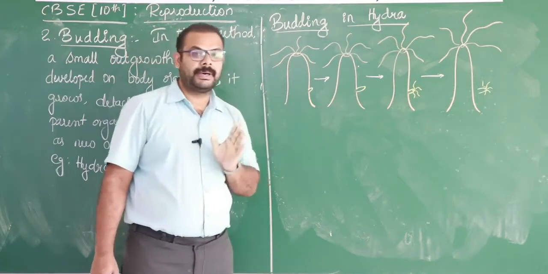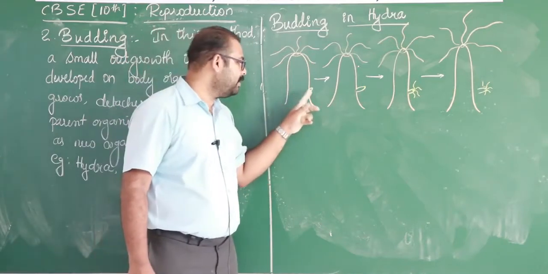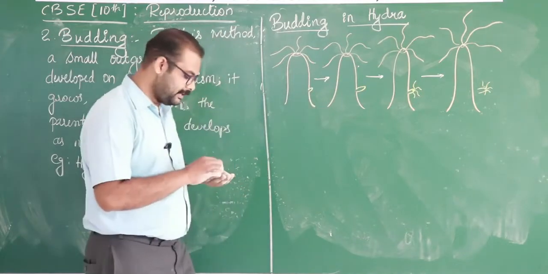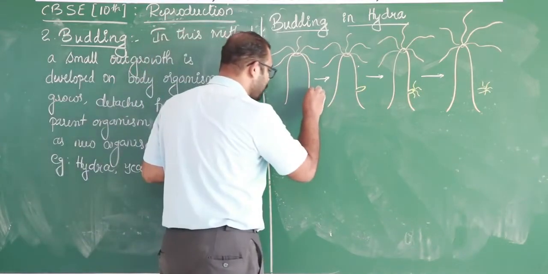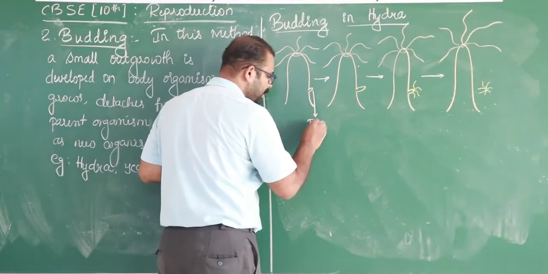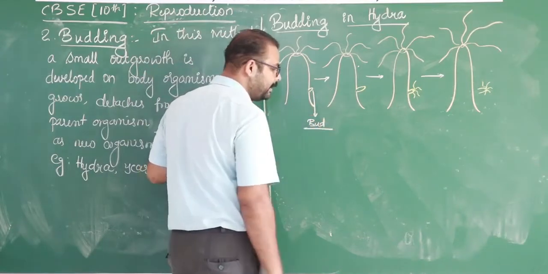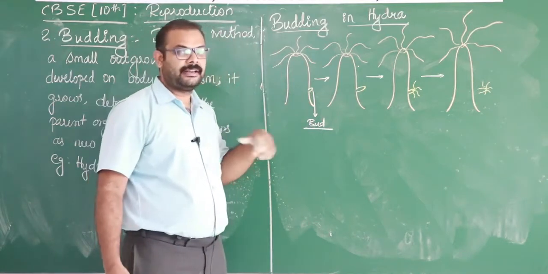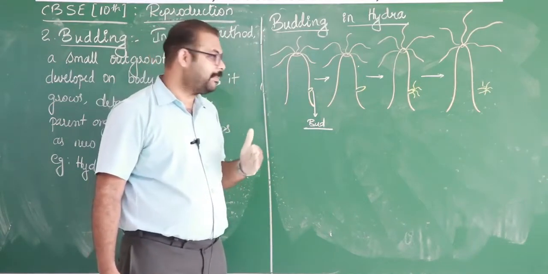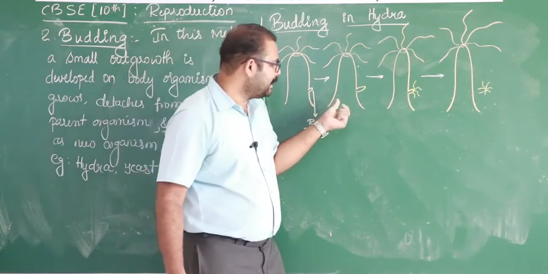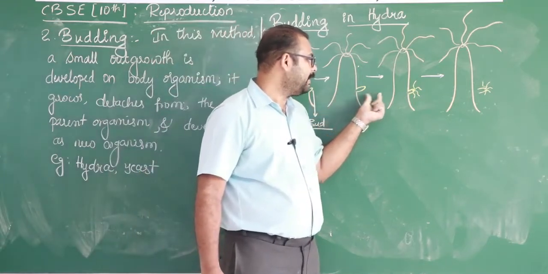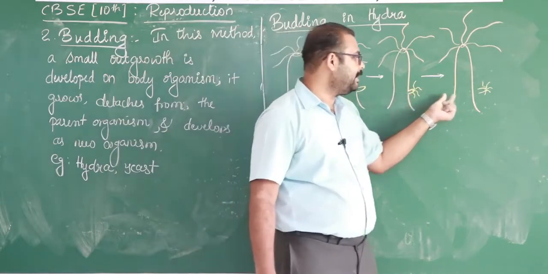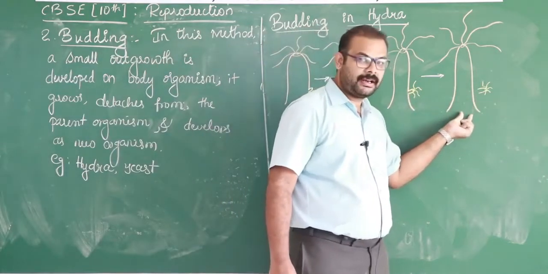Now during budding, a small outgrowth is developed on the parent organism, and this small outgrowth is called a bud. Then this bud keeps on growing, increases its length, ultimately develops a mouth and tentacles, and detaches from the parent organism.